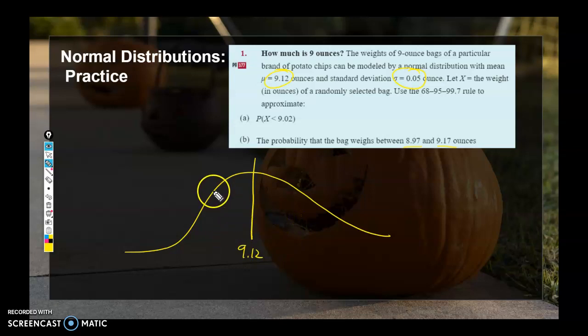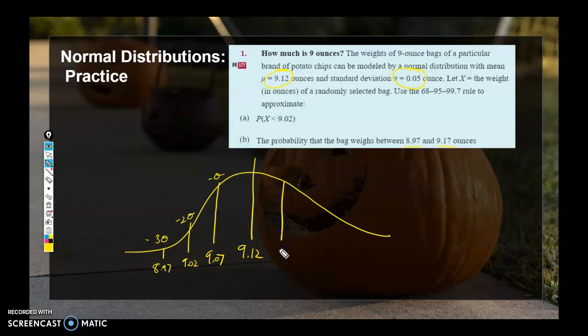And then if we want to go one standard deviation out to the left, 9.07, and one more standard deviation out to the left, 9.02. And then our last standard deviation out to the left, that's our 8.97, right? So there's 3 standard deviations left, 2 standard deviations left, 1 standard deviation left.